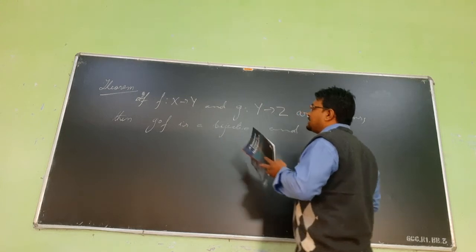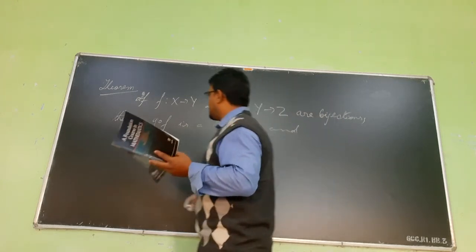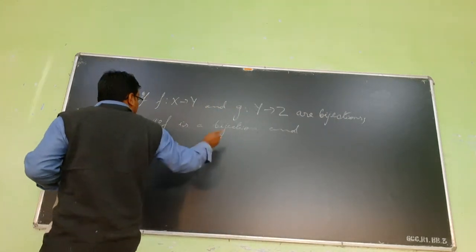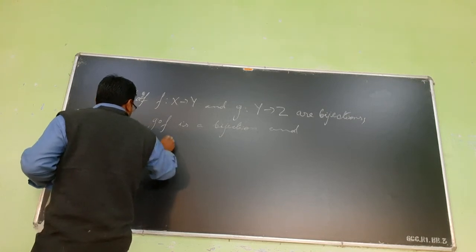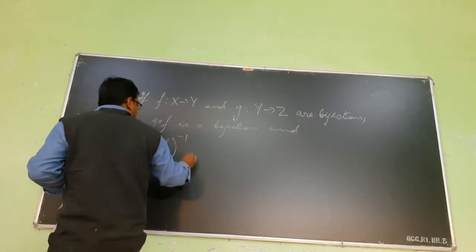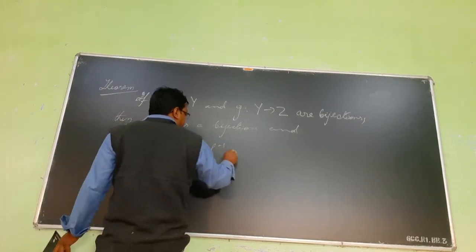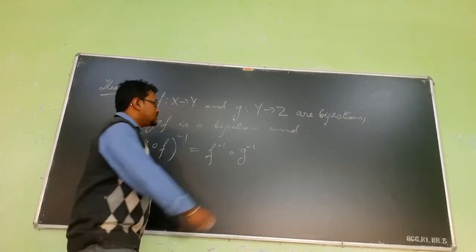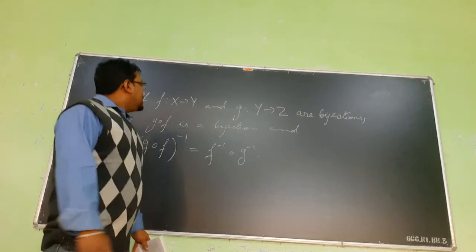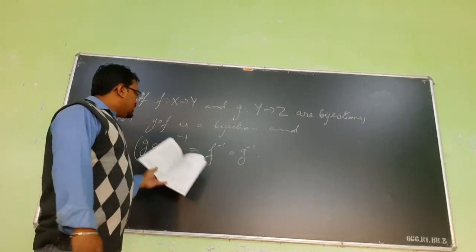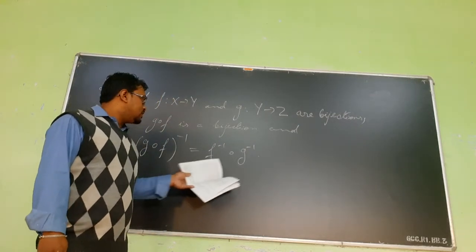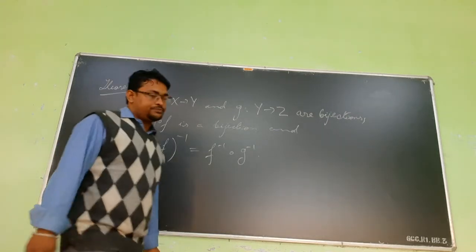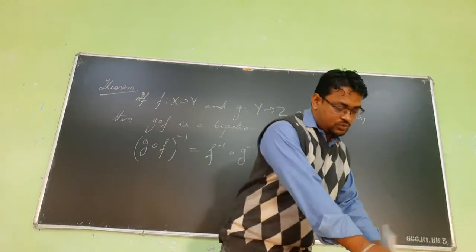If f and g are bijections, then g∘f is a bijection. We have already discussed. And what is (g∘f) whole inverse? (g∘f) whole inverse is actually f inverse composed with g inverse. Okay. This is what we have to do.